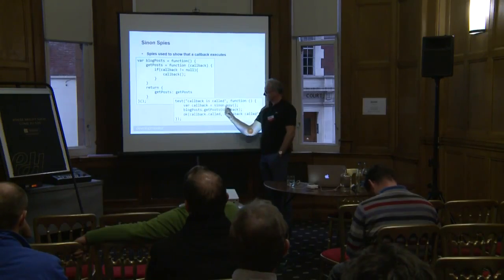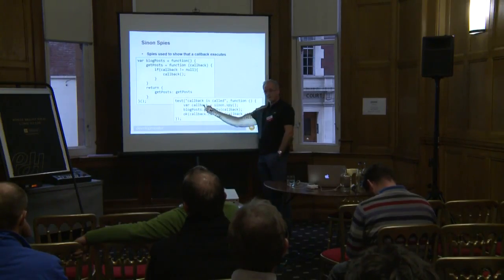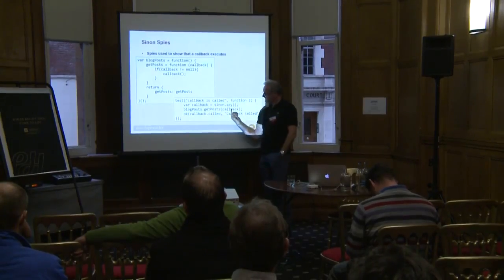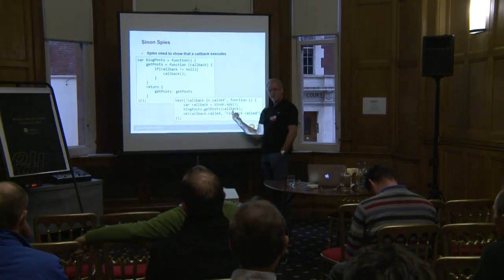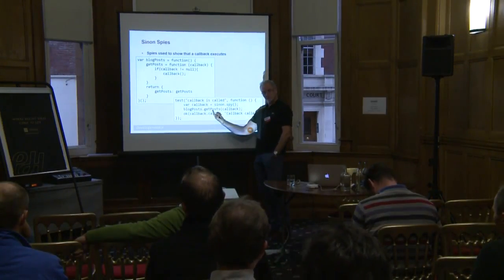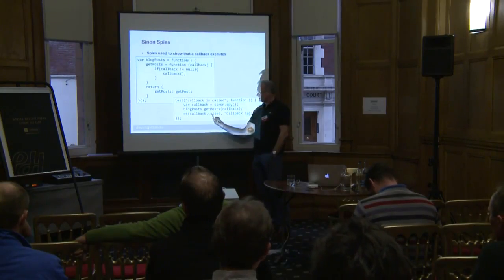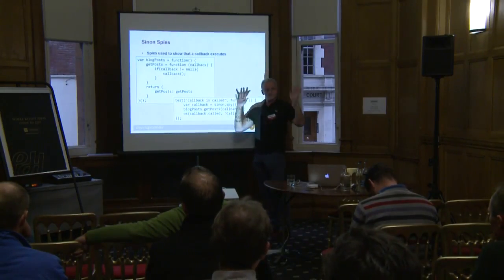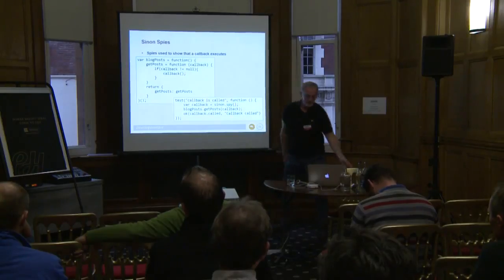So I can say callback equals Sinon.spy, that gives me back an object here, and I pass that into my function instead. And this will get called by my function, I hope. And if it is called, it just sets a property in itself, saying, yeah, I was called. So let's go and do that.